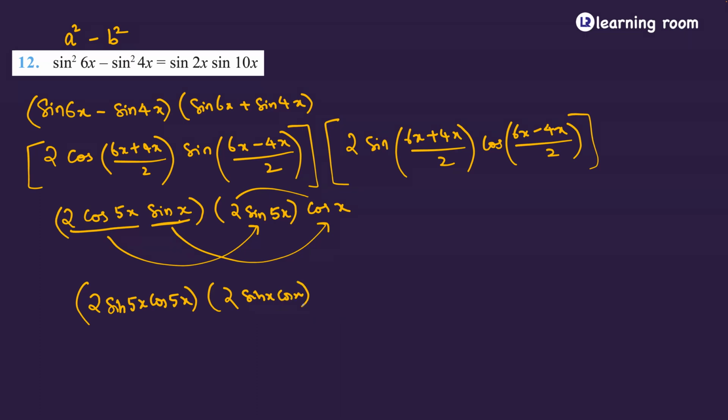Now recollect the formula: sin 2x is written as 2 sin x cos x. Whenever you have sin into cos where both the angles are the same, it is basically sin 2x. So 2 sin 5x cos 5x will be sine of double this angle, which is sine 10x. And 2 sin x cos x is sine of double this angle, which is sine 2x. And this is what we are asked to prove. So it is sine 2x into sine 10x.